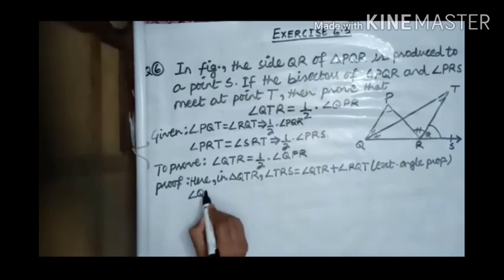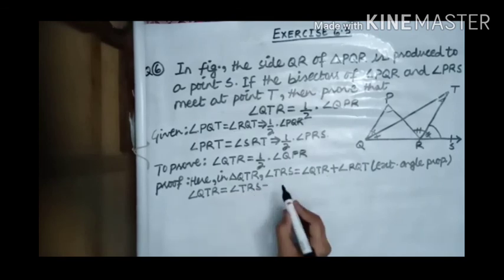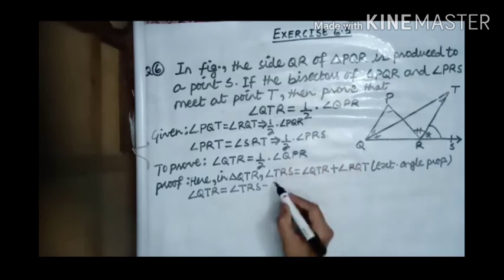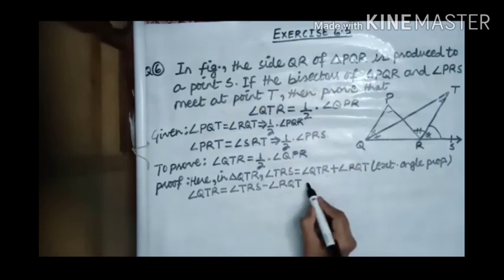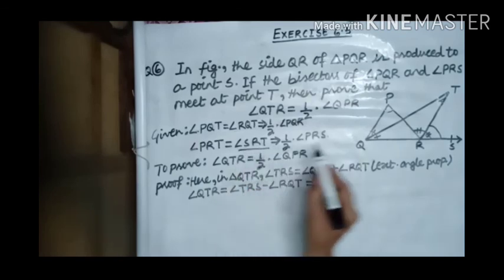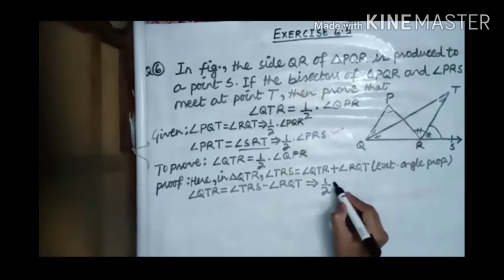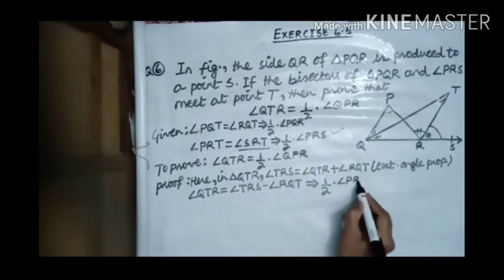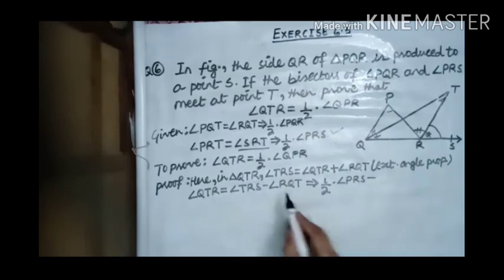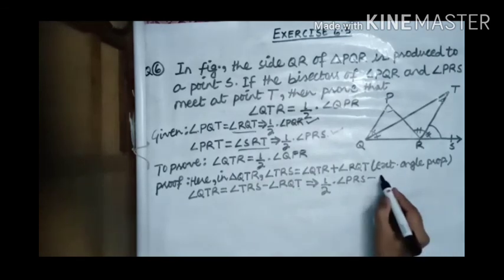So it becomes angle QTR equals to angle TRS minus angle RQT. Where angle TRS we use half of angle PRS, minus angle RQT we use half of angle PQR.